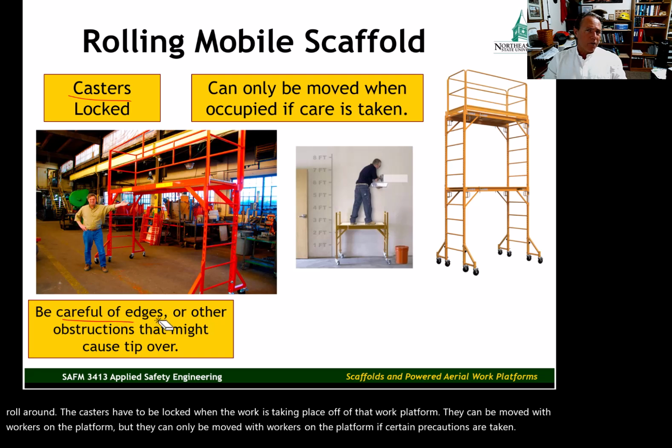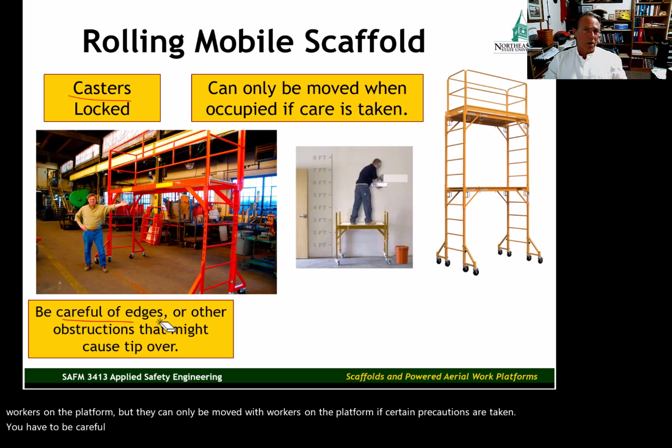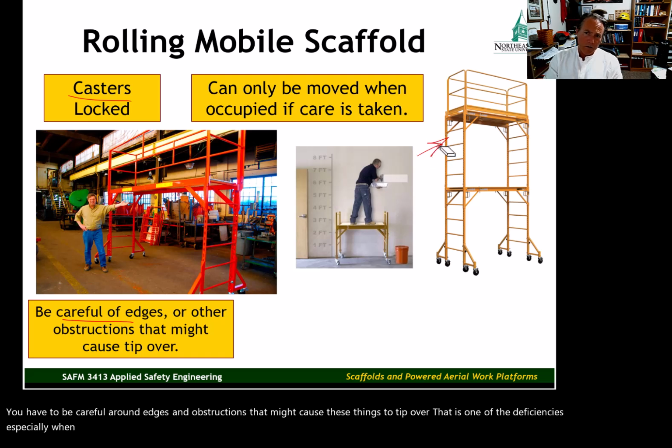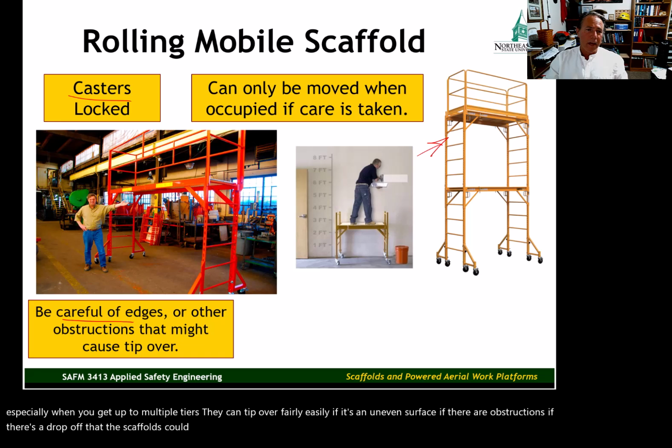You have to be careful around edges and obstructions that might cause these things to tip over. That is one of the deficiencies, especially when you get up to multiple tiers like this. They can tip over fairly easily. If it's an uneven surface, if there are obstructions, if there's a drop-off that the scaffold could roll off of, that could cause a tip over.